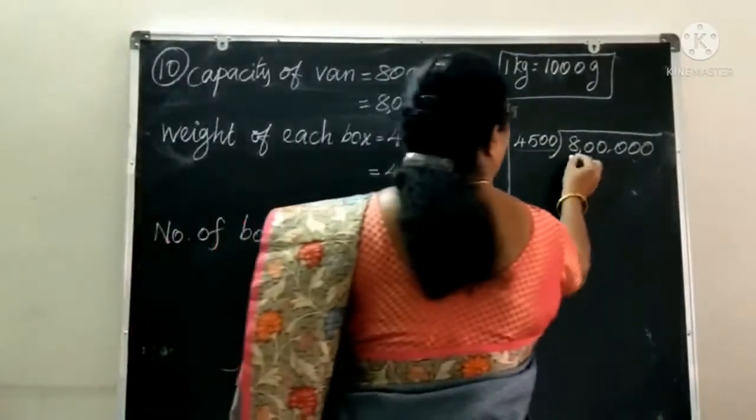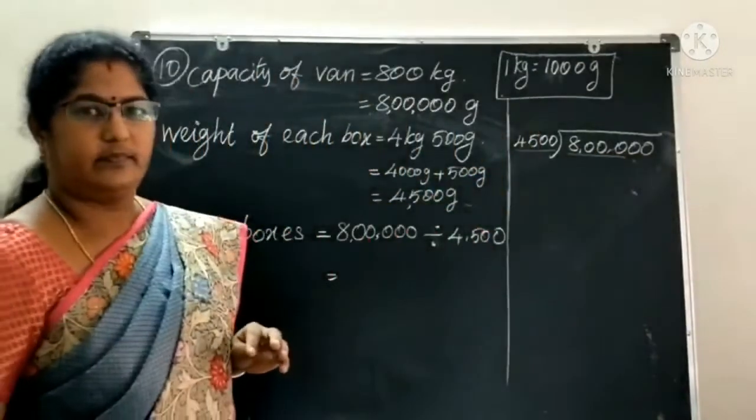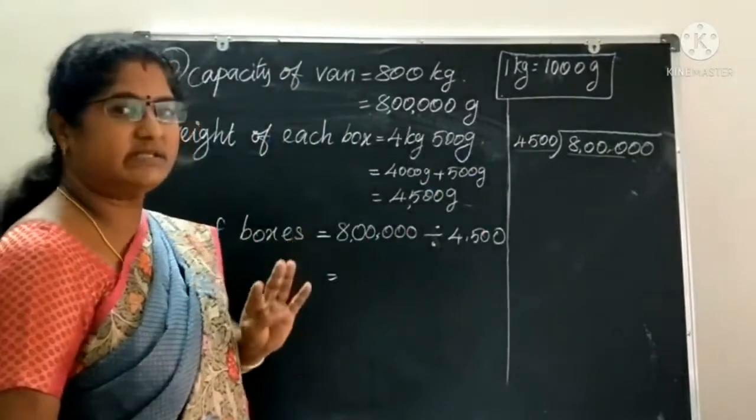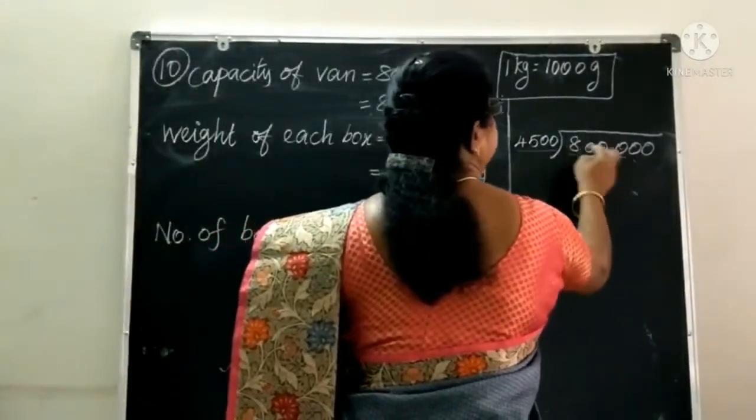You take 4 digits, 1, 2, 3, 4. 4 digits together from left to right. Here, 8000.